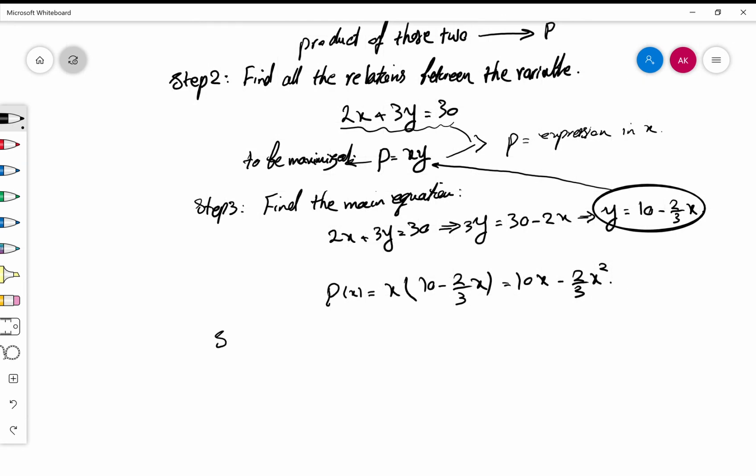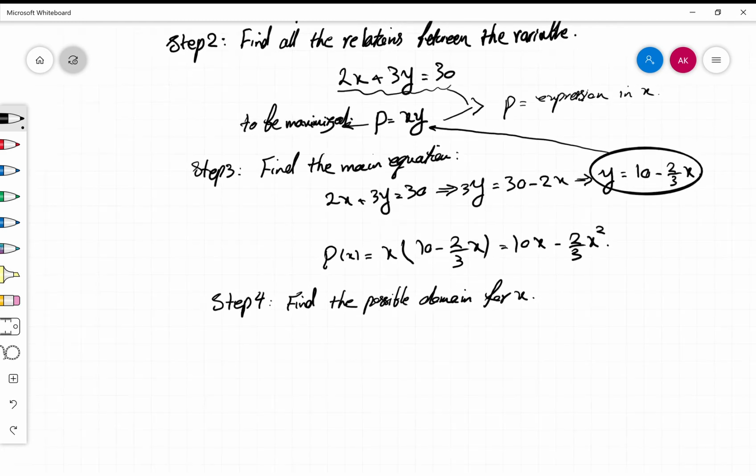But the modeling is not complete until you put in all the conditions possible from the problem. In other words, find the possible domain for the independent variable, here x.